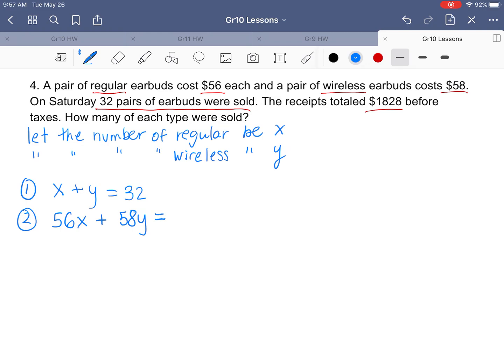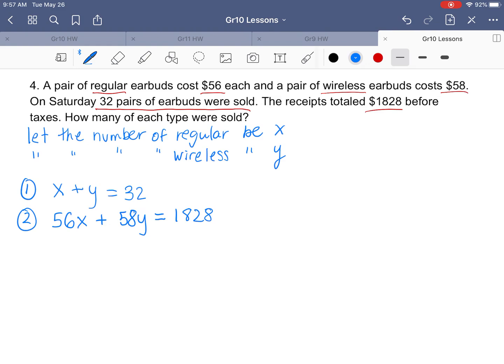When we add all of that money together, we get $1,828.